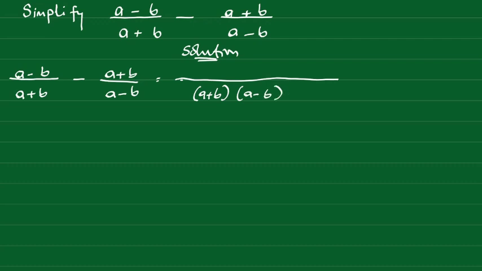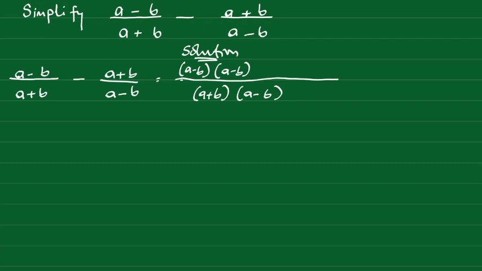Now, (a plus b)(a minus b) divided by (a plus b). When we do this division, we're going to be left with (a minus b). Hence, we have (a minus b) times (a minus b), so we end up having (a minus b)(a minus b).